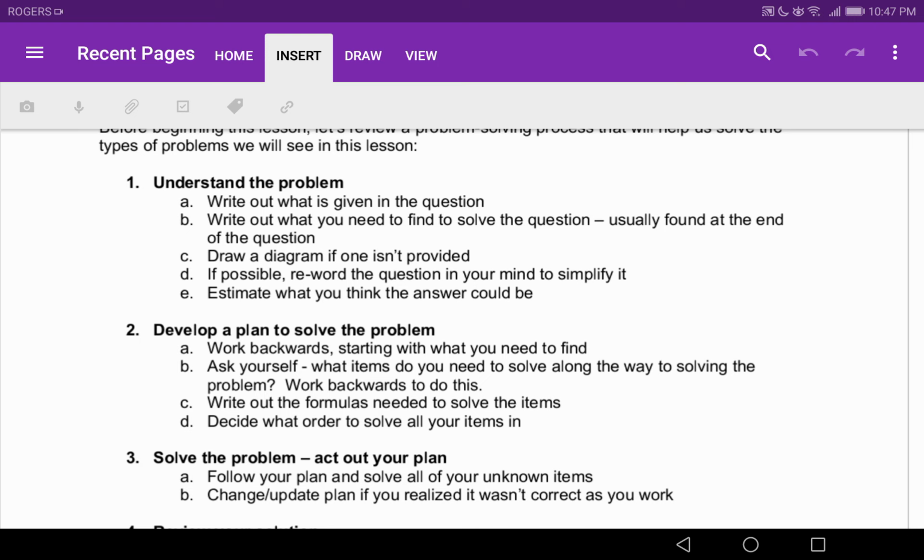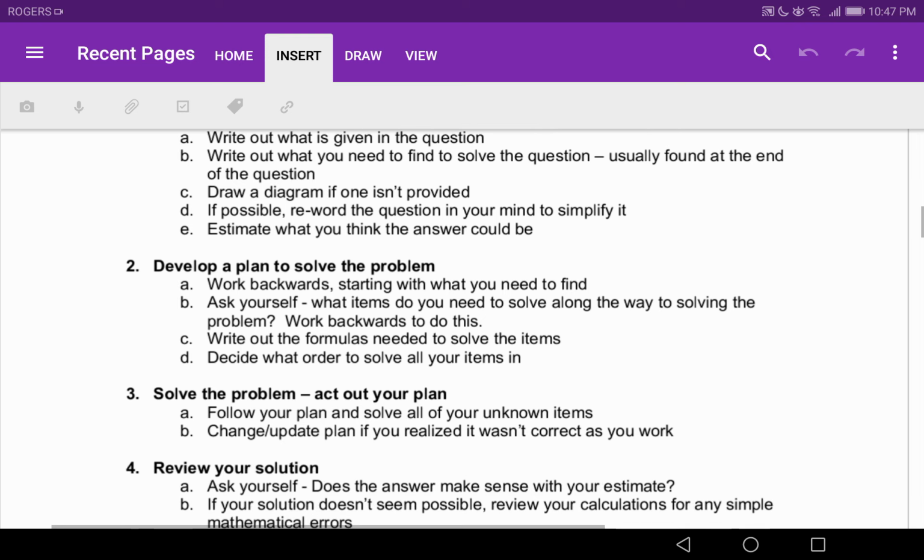In math problems, that's where you'll find what you actually need to solve for. So far, you've got to write down what you know and write down what you don't know. Draw a diagram. If a diagram isn't given to you, it's always a good idea to draw one. Draw pictures and try to make sense of it visually. If possible, can you reword the question in your mind to simplify it?